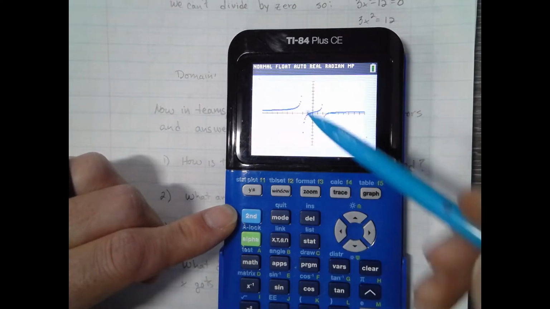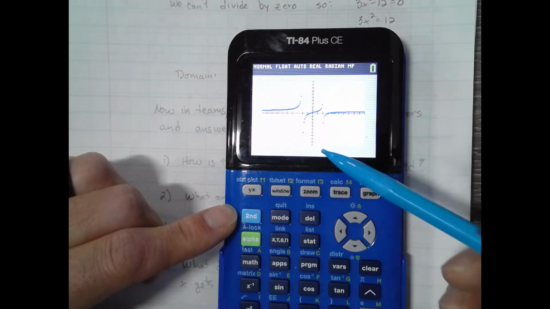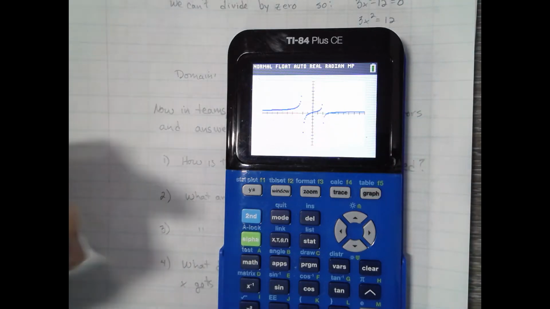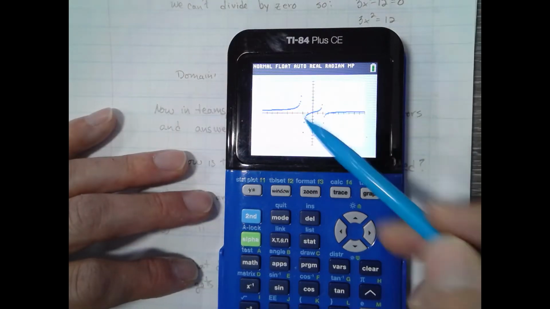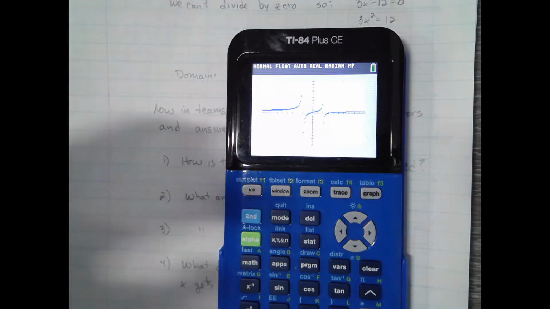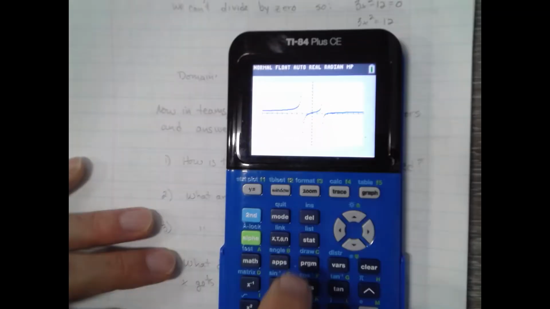So it doesn't show every single point. If you went to dot mode, it'll look maybe a little bit better. It just has a series of dots, and it won't show that vertical line right here. For this calculator, I'm not going to stay in dot mode.